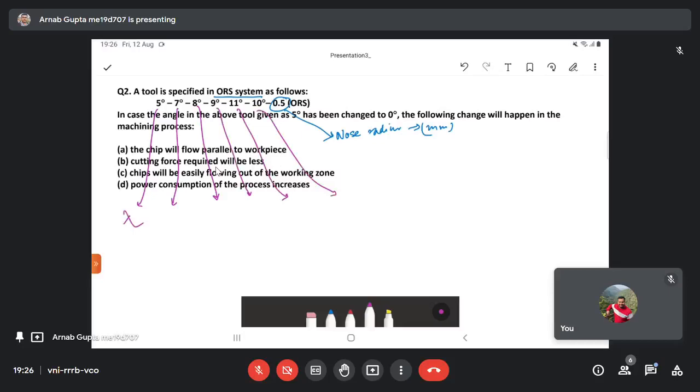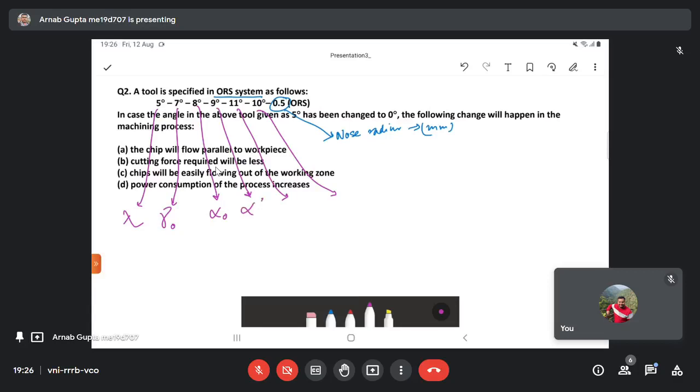So this is the inclination angle. This is the orthogonal rake angle. This is the flank angle in the orthogonal plane, the principal flank angle in the orthogonal plane.